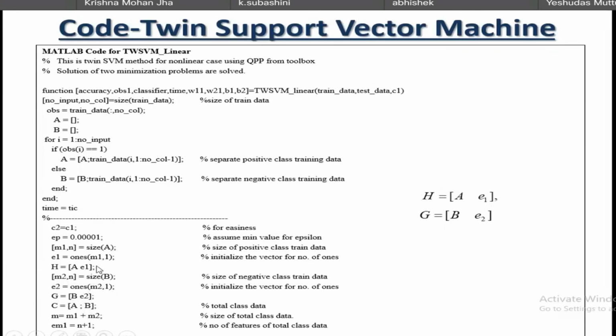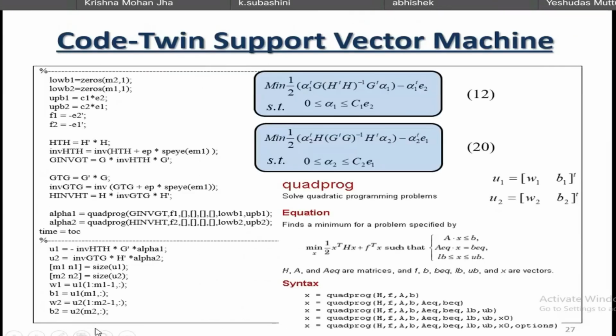So now you have H here, and you are calculating G here. And this C, instead of D, we are assuming C is equal to your whole class data points. M is nothing but M1 plus M2, obviously the total number of samples, and n plus 1 is the number of columns. Here, if we relate these things, this one-half is nothing but x transpose, this is your H, and this is your alpha 1.